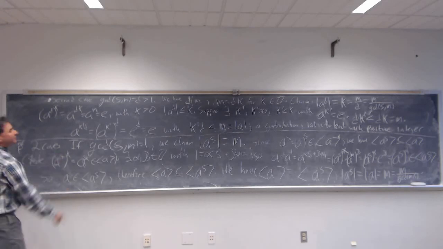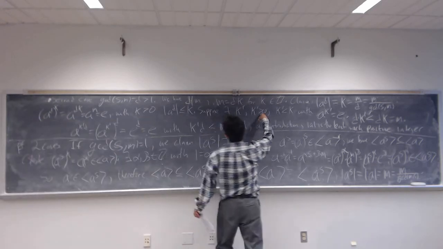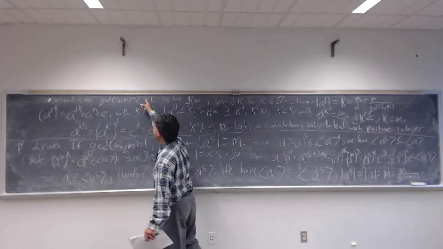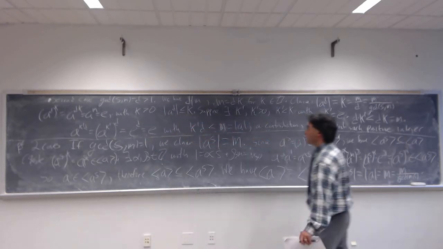Certainly this has to be positive. Why? Well, K prime is positive and D is bigger than 1, so K prime times D is certainly positive.